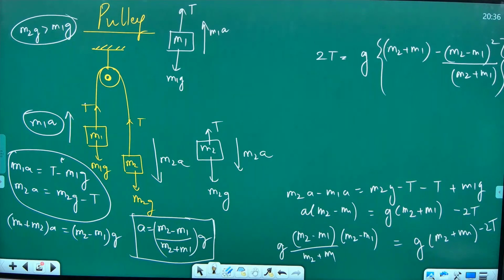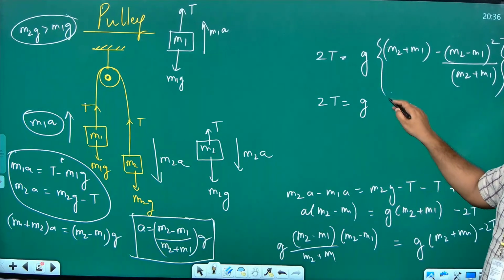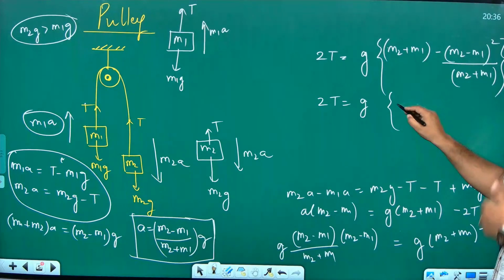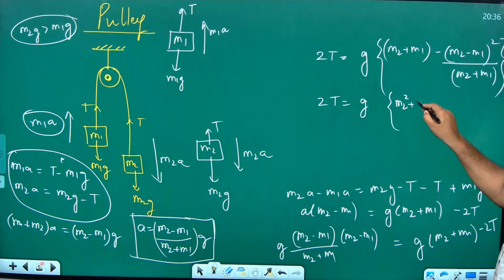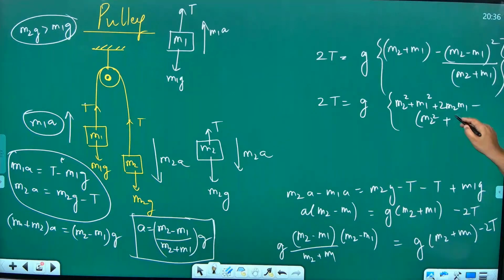Looks complicated, you are in 11th standard, this is a very simple thing for you. 2T is equal to g into, square it will become m2 square plus m1 square plus 2 m2 m1, minus, let it bracket itself, m2 square plus m1 square minus 2 m2 m1, divided by (m2 plus m1).